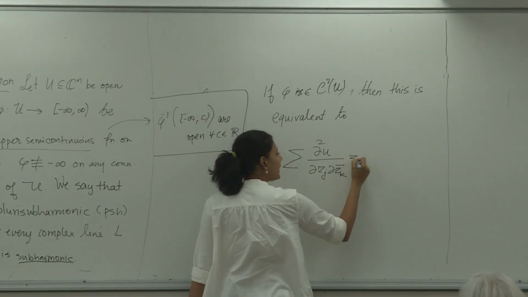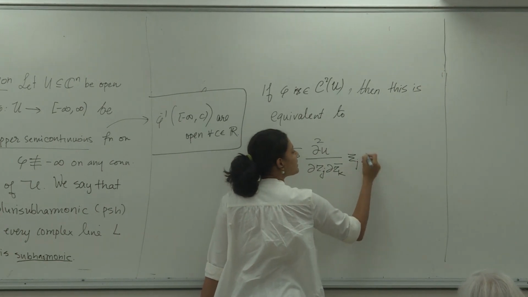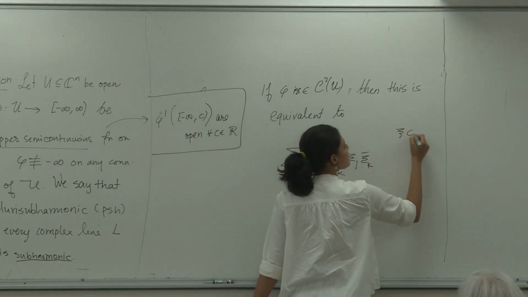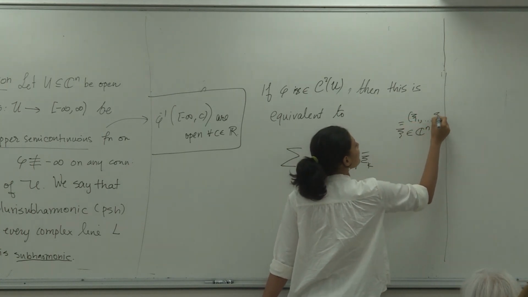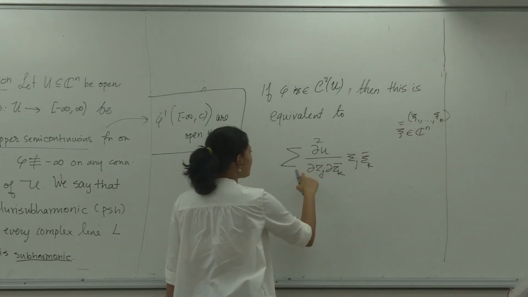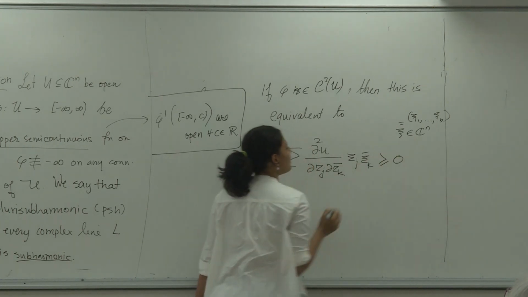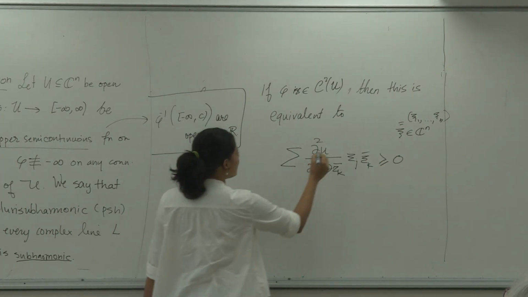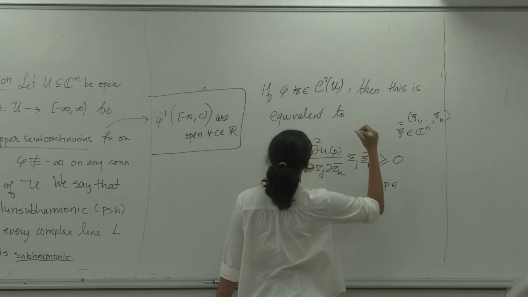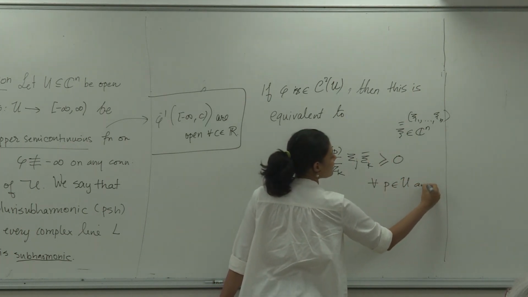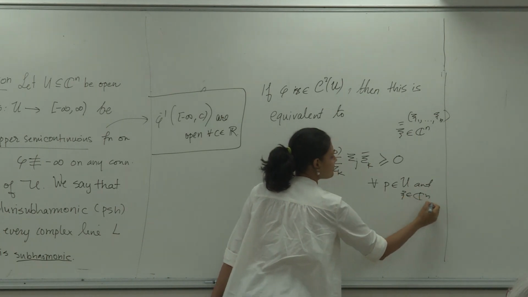And this, when applied to complex vectors, where c is in C^n and has coordinates c_1 to c_n, is positive semi-definite for all p in U and c in C^n.